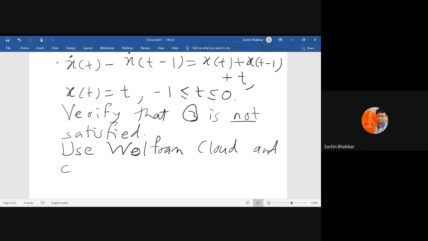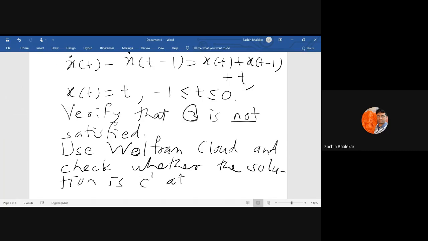Check whether the solution is C1 at 0, plus minus r, that means 1, plus minus 2, etc.